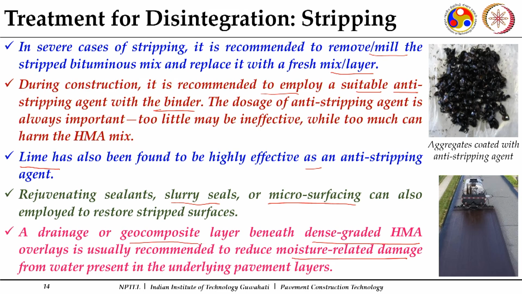The drainage can be in the form of a geocomposite layer, or a granular aggregate layer, so that whatever water is already entrapped inside the existing pavement goes through that drainage layer and does not again affect your overlay.